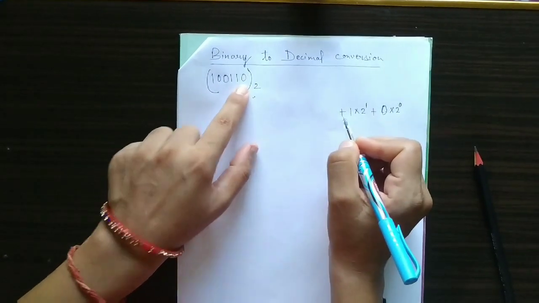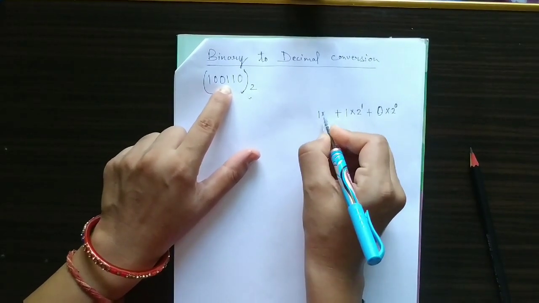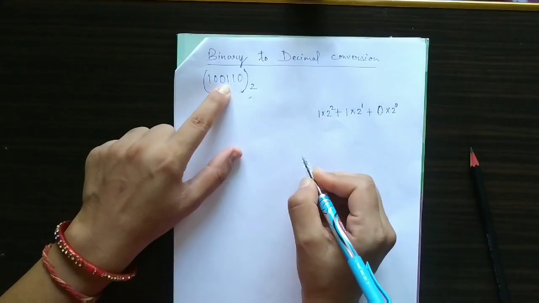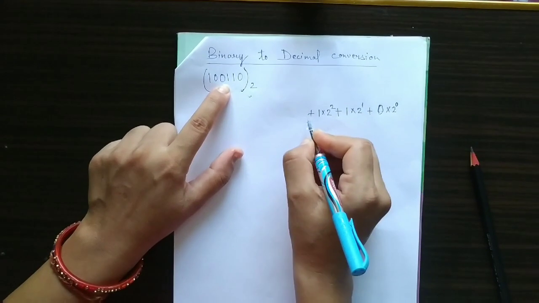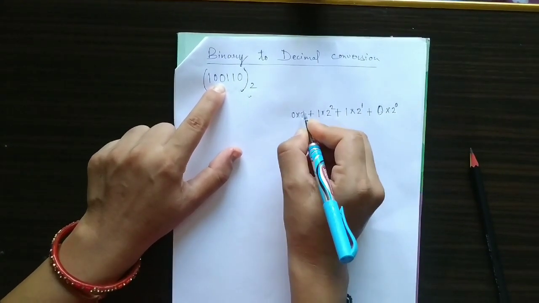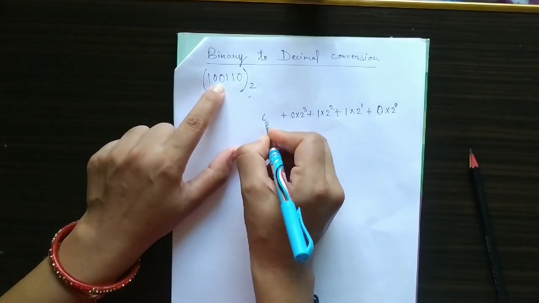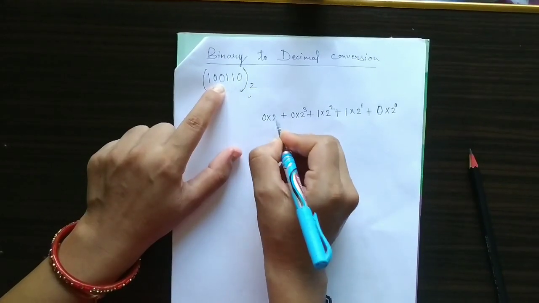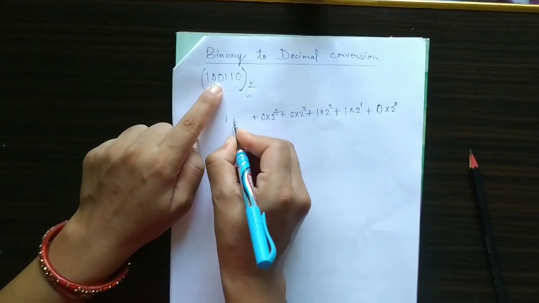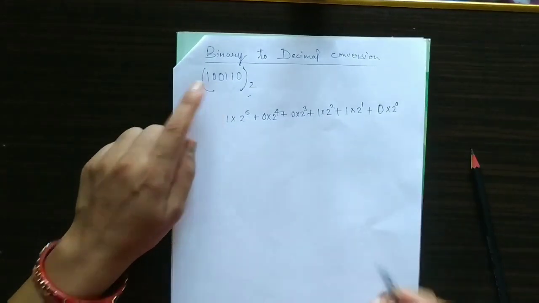Then third digit from right side 1 into base power 2. Next digit 0 into base power 3. 0 into base power 4 and 1 into base means 2 to the power 5.